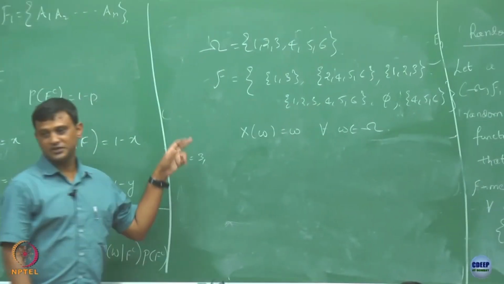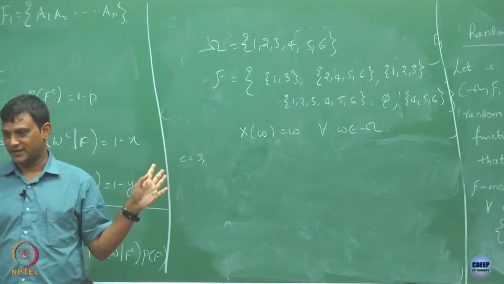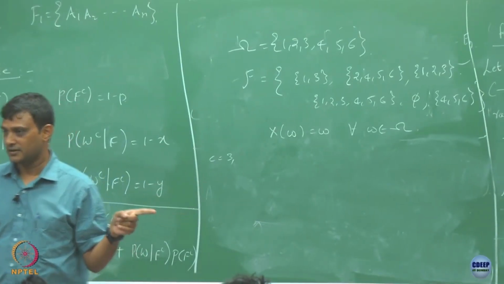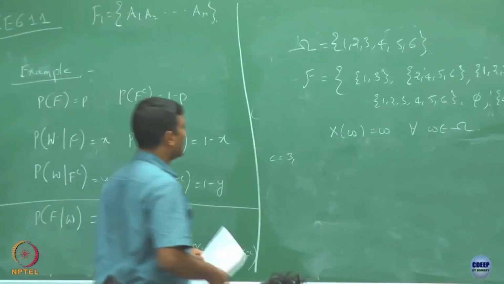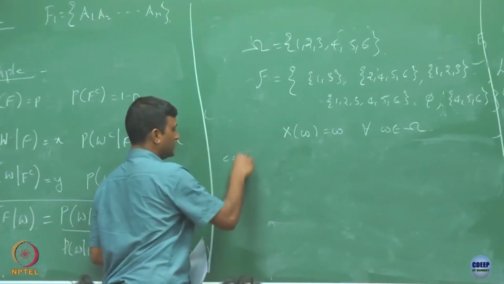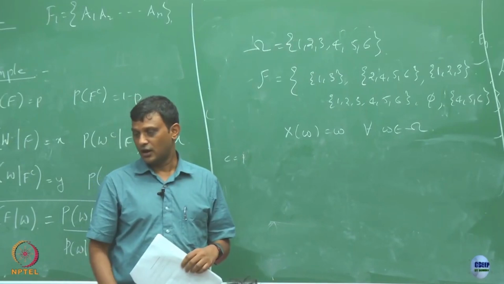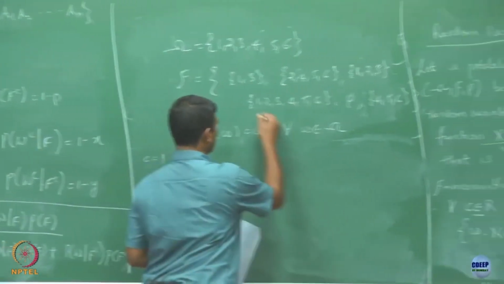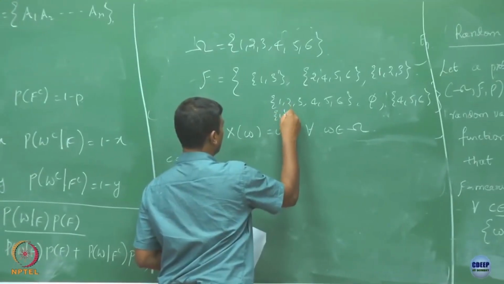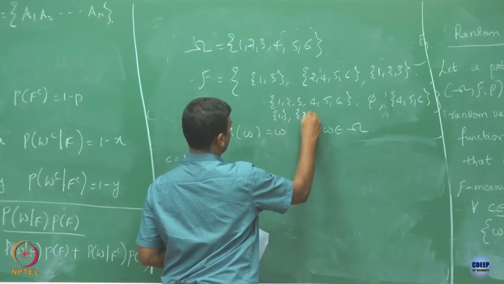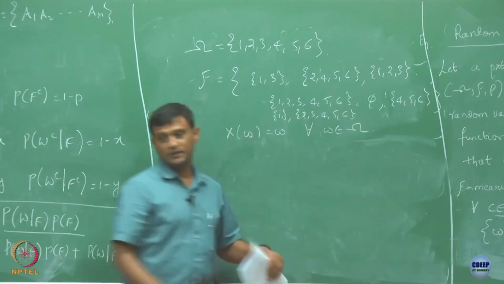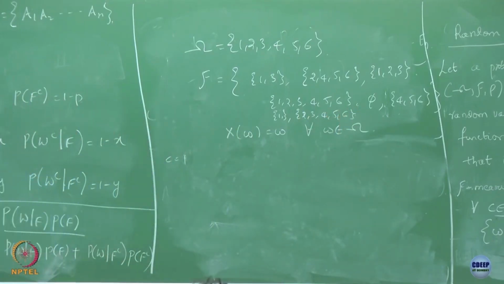Now for C equal to 3, this is satisfied. Is it now F measurable? Let's take C equal to 1. The outcome is just {1}, and {1} does not belong to F. So let me include that also. Now is it F measurable?